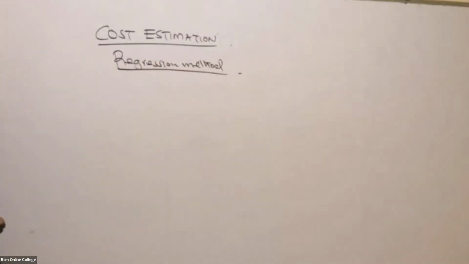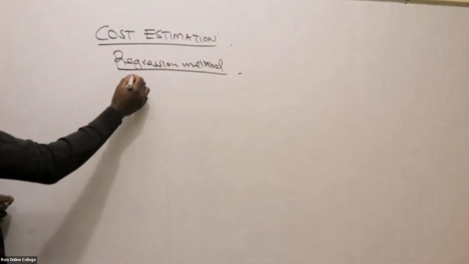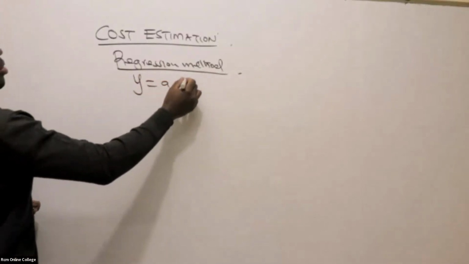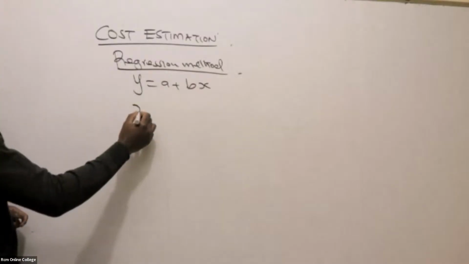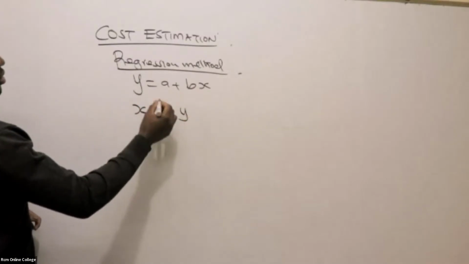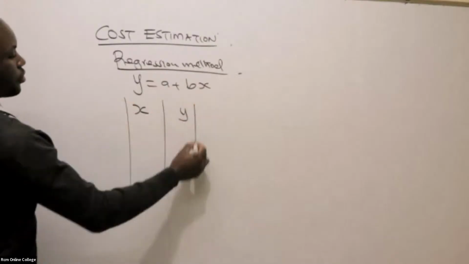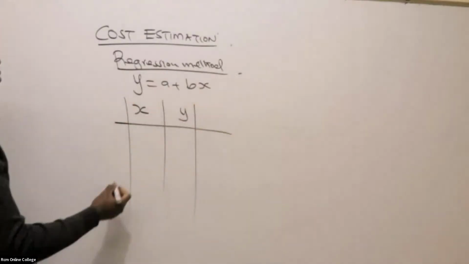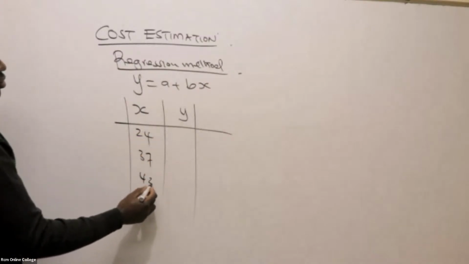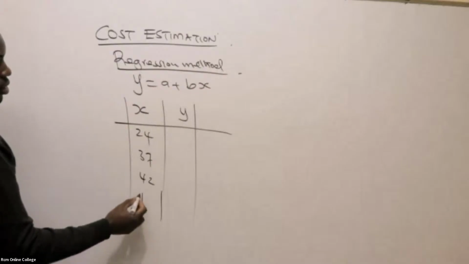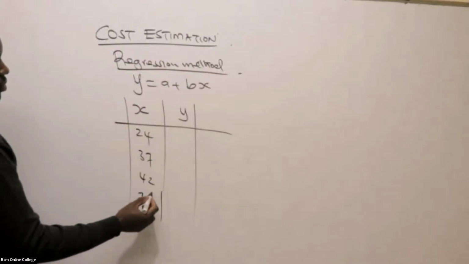Now, this regression method, if you are to use it to give us cost function in the form of y is equal to a plus bx, maybe you'll be having x somewhere, you'll be having y somewhere here. Right? So maybe your x is 24, 37, 42, 75.